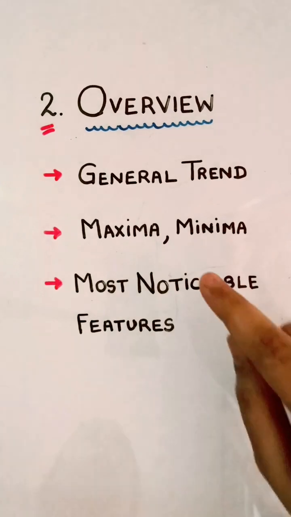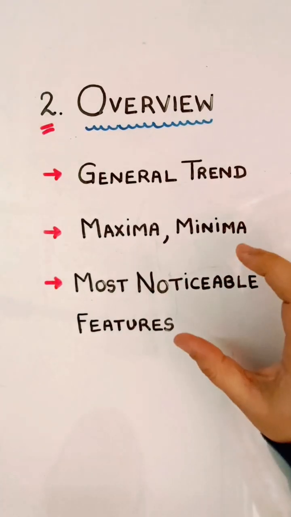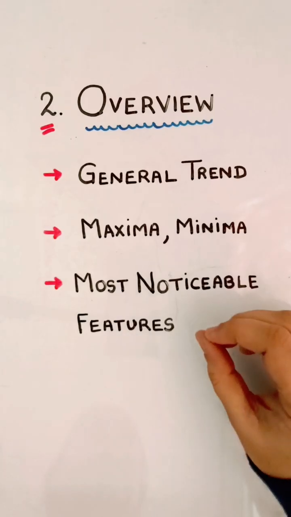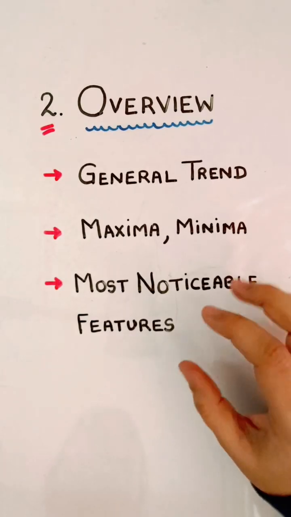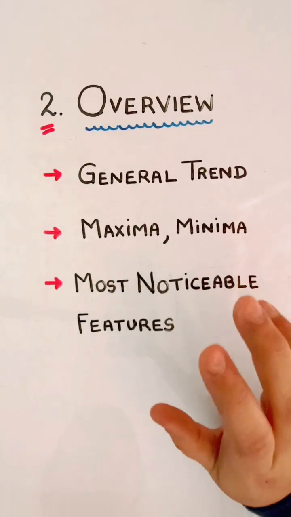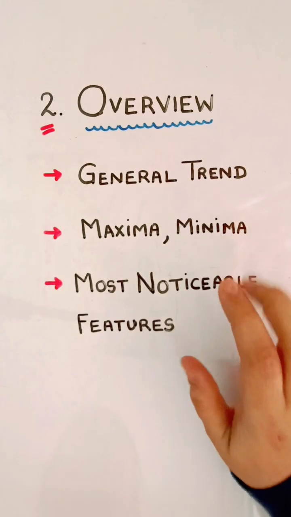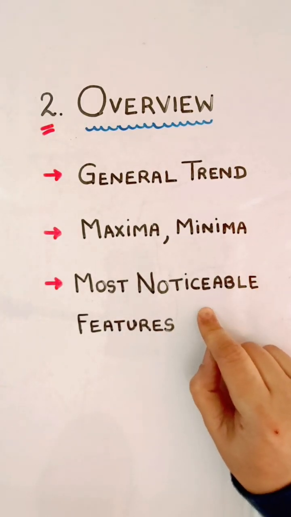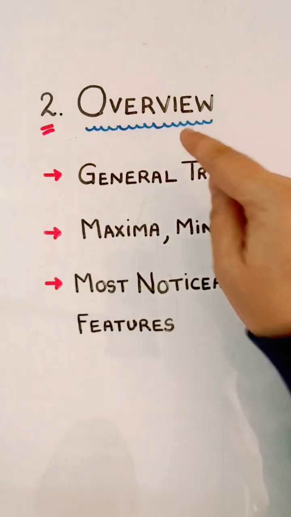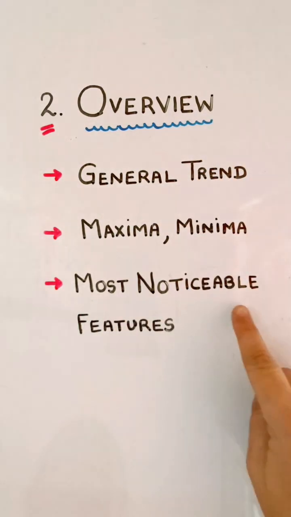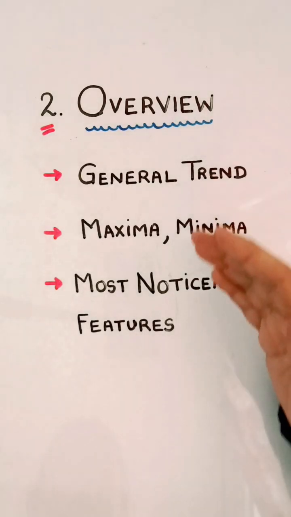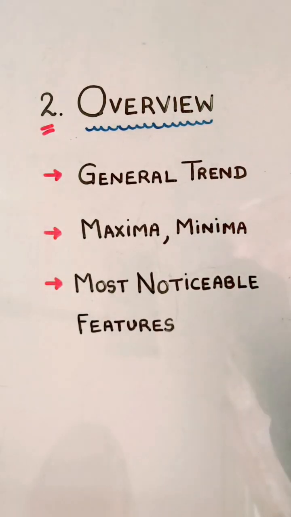That means you will write the prominent feature, the significant feature. When you look at the question, what exactly do you notice in the first 5 seconds? That will become the most noticeable feature, and you have to end the overview by writing that feature. Okay, so these are the hints for the overview.